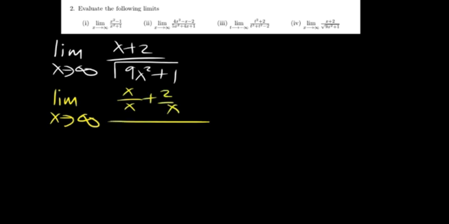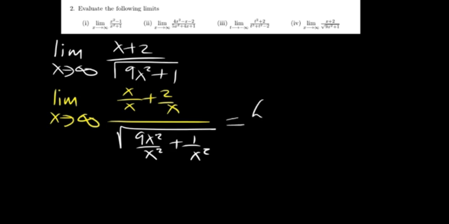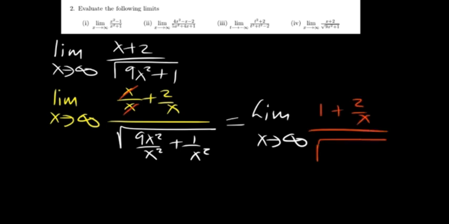In the denominator, you have the square root, and we divide by x squared, 1 over x squared. So this is going to be 1 plus 2 over x, and then the square root of 9 plus 1 over x squared.